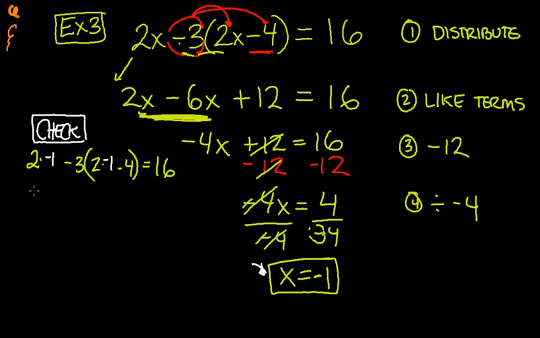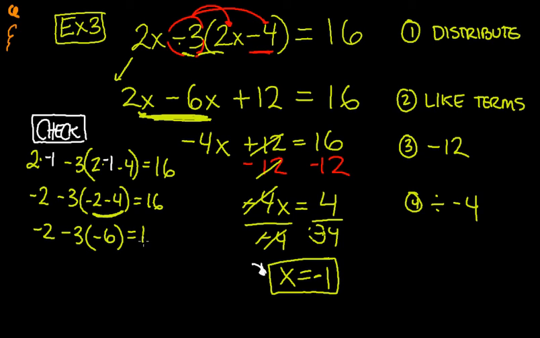Let's write it. 2 times negative 1 is negative 2. Let's do the inside of the parentheses so I don't confuse this. 2 times negative 1 is negative 2 minus 4. I'm going to keep on the inside of this parentheses. Negative 2 and negative 4 makes negative 6. And now I can finally do this multiplying right here that's been wanting to be multiplied.